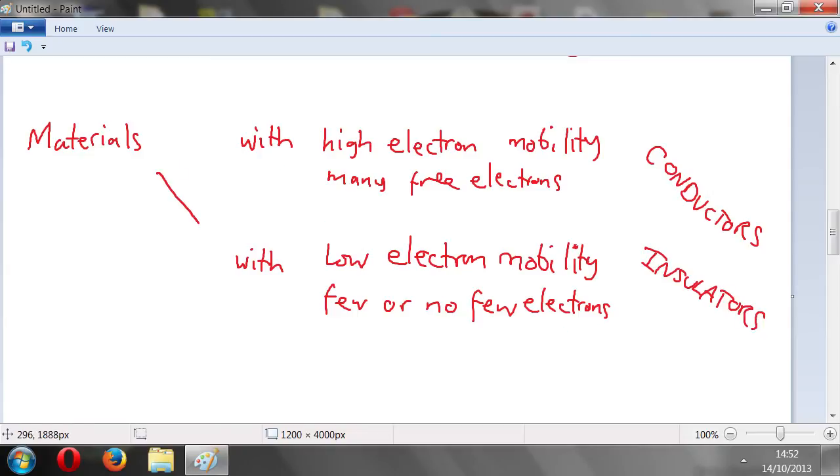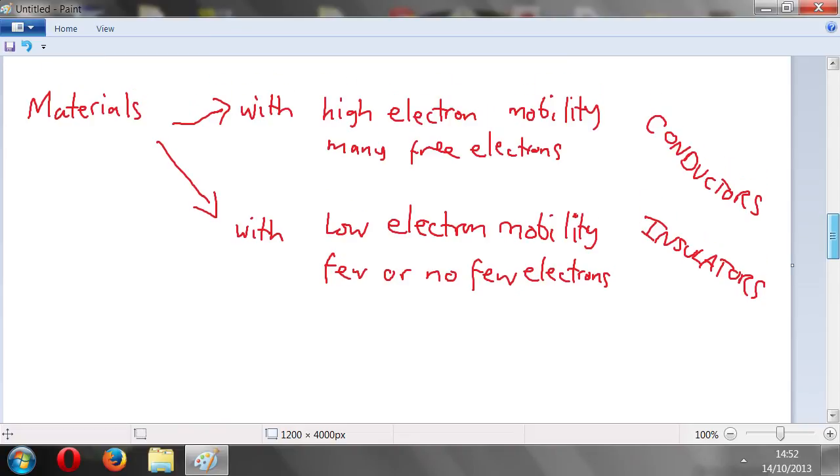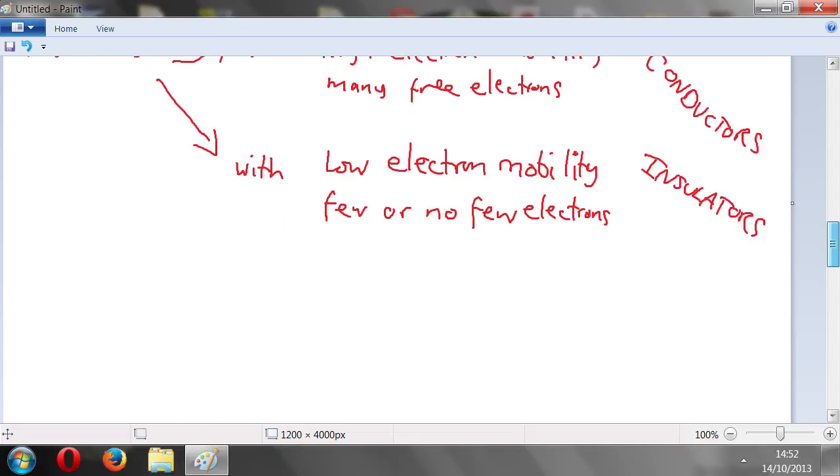It's fairly self-explanatory. So we've got conductors and insulators.